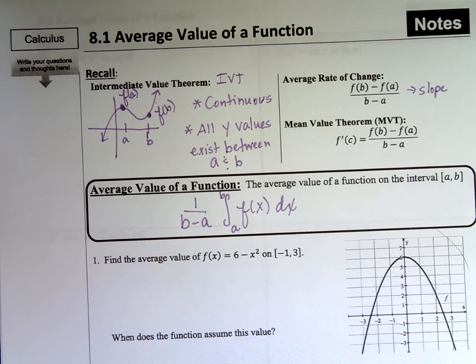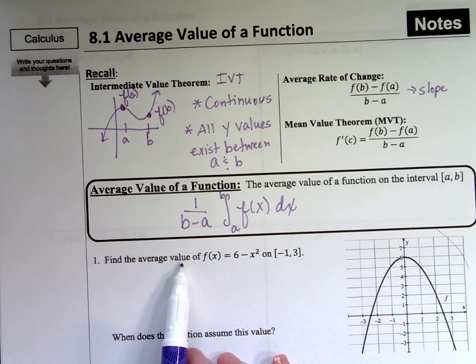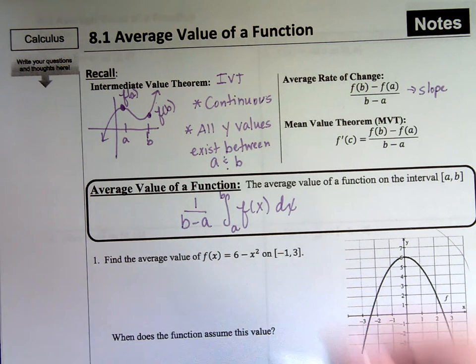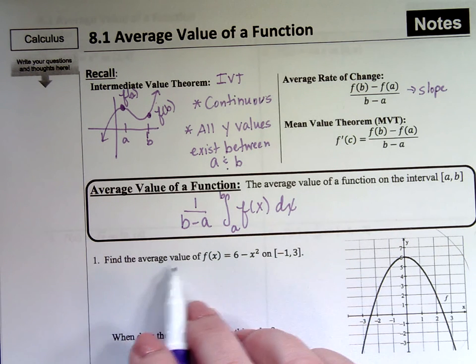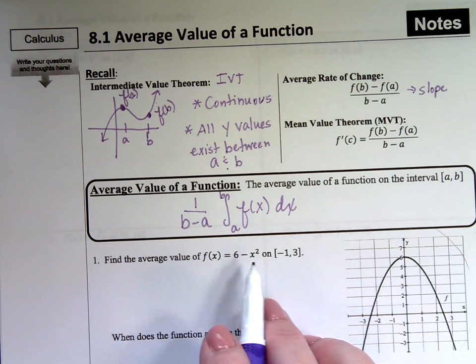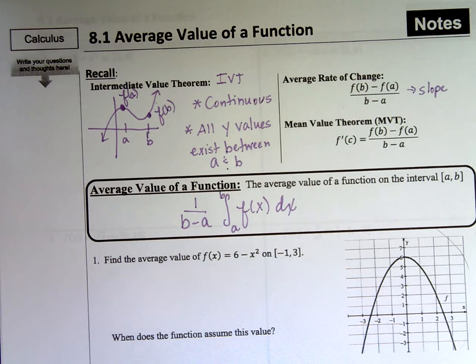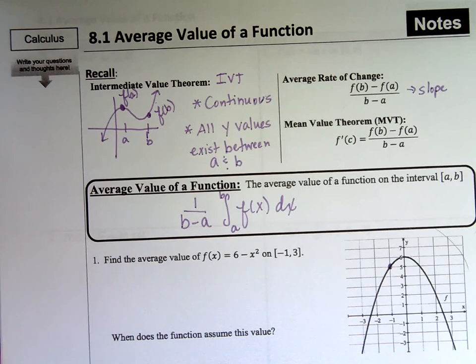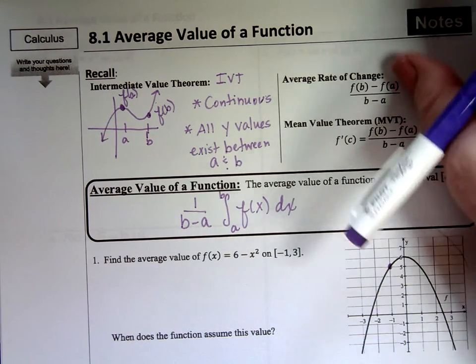Find the average value. Look at the verbiage. Average value. Okay, I've got to use this formula. What we're going to do is figure out the average y value on this function going between -1 and 3. I'll give you some graphic idea of this before we get into how to actually find it.